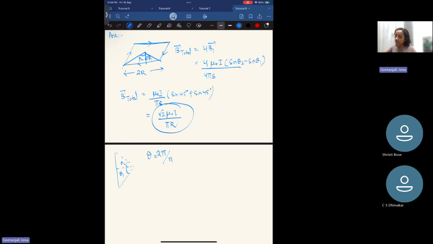Sorry, 2 pi by n for each side. So this total angle should be 2 pi by n, and because this line is joining the center to the midpoint, theta 2 would be pi by n and theta 1 should be minus pi by n.